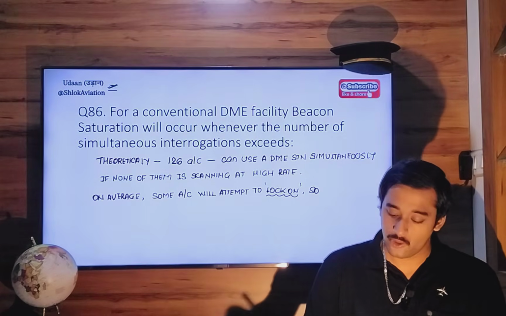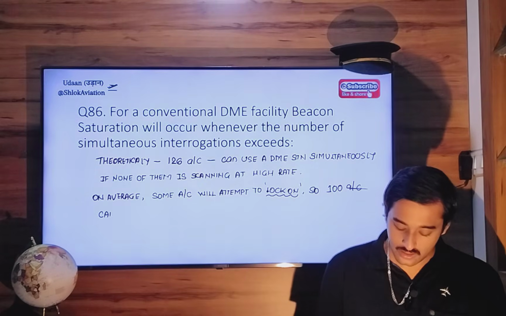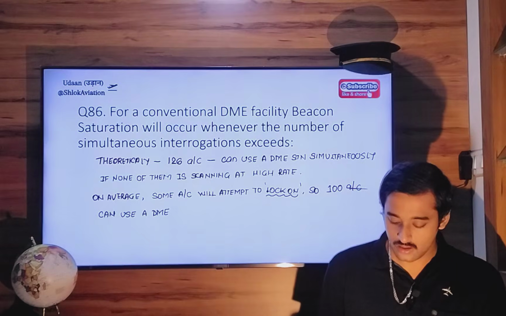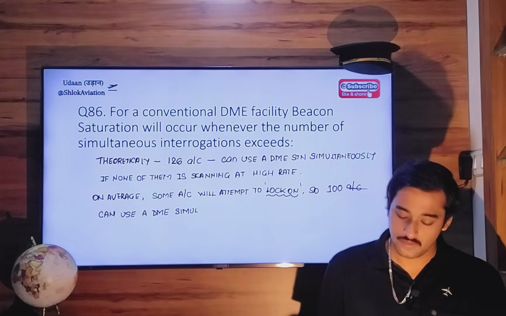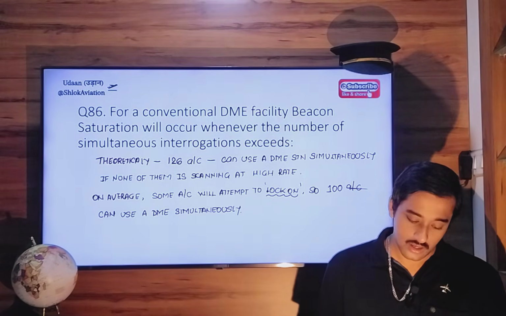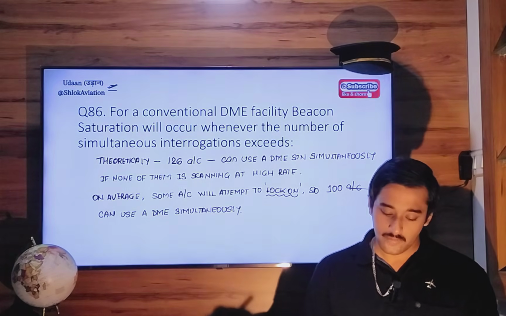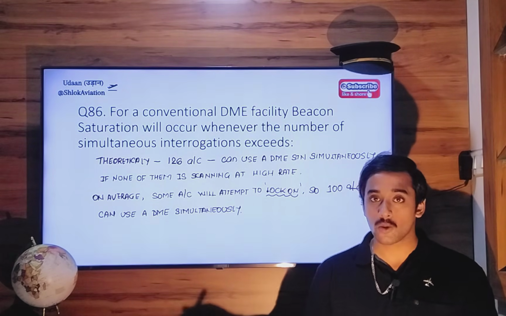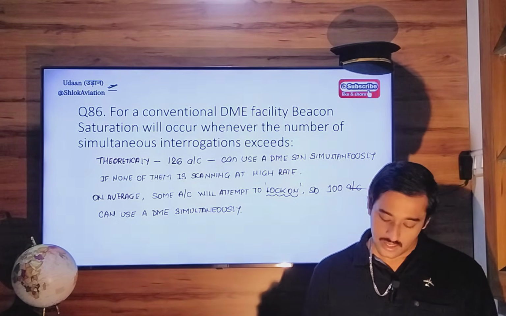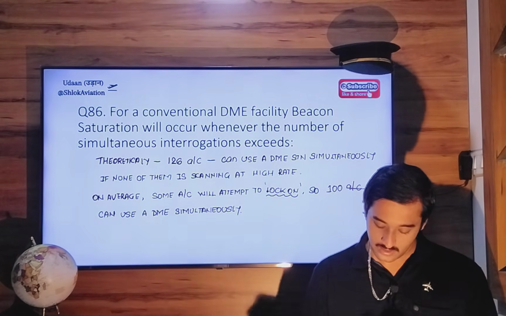So at one time only 100 aircraft can use a DME station simultaneously. So remember, for a conventional DME facility, select 100 as the number. But remember, theoretically, 126 aircraft can use this station if they are not attempting to achieve a lock on.